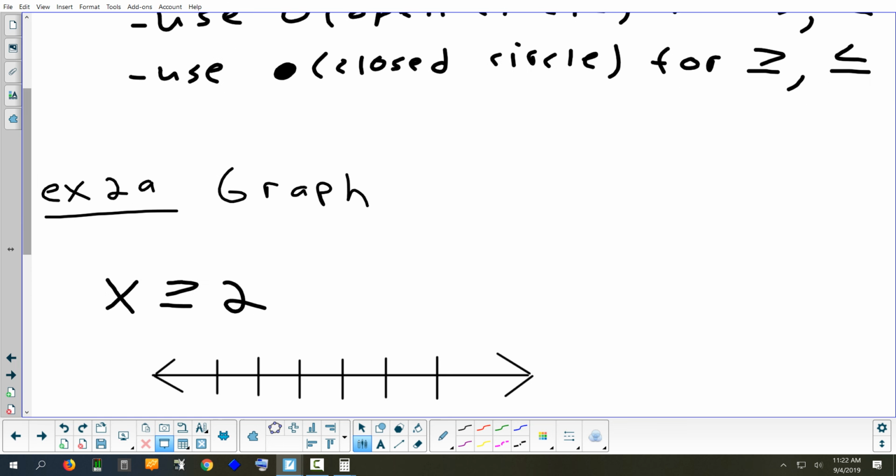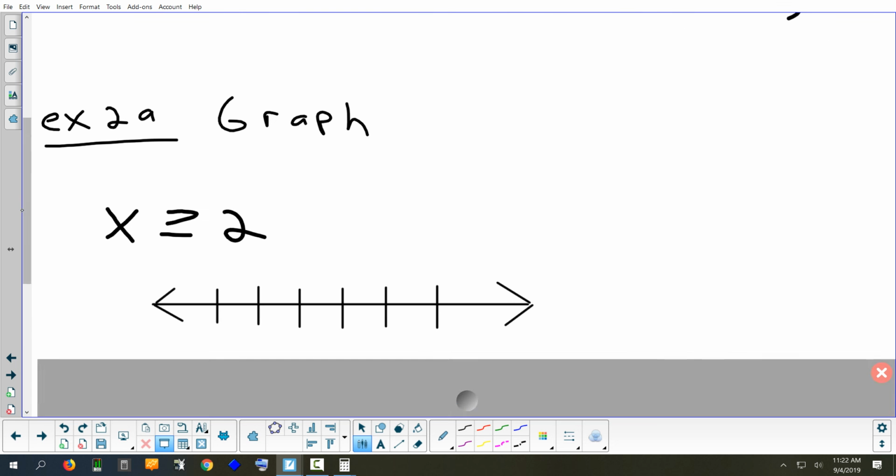Alright, so if we're going to graph that on a number line, first thing we need is a number line. You can do it however you want. I think it's pretty simple just to go 0, 1, 2, 3. And you could put 0 in the middle, and some people put like 2 and -2 on each side. That works. All right, so first thing I have to decide is the circle.